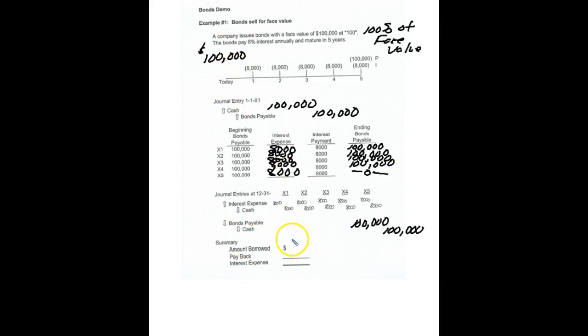So today, right at the very beginning, this company borrows $100,000. And it will pay back that 100 plus interest, right? 8,000 times 5 years is $40,000. So it'll pay back $140,000. And so we know the difference between what I borrow and I pay back is $40,000, and that's our interest cost.